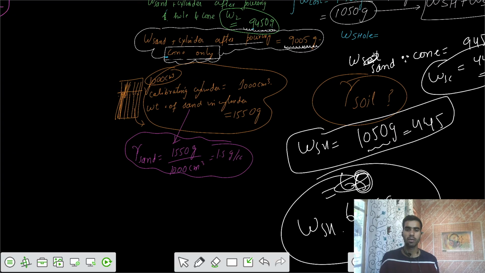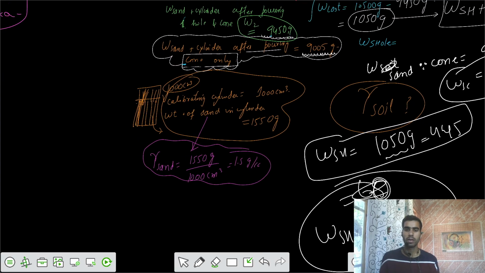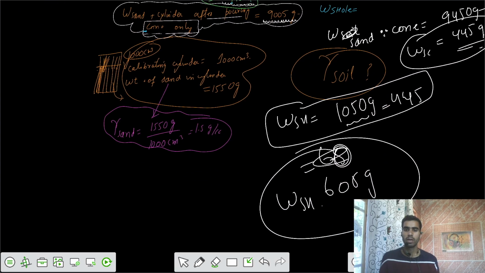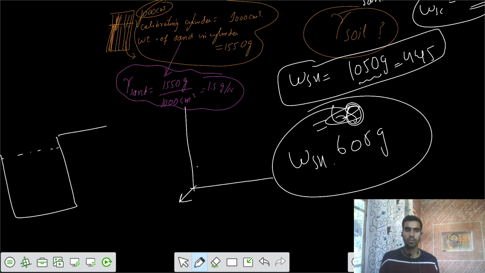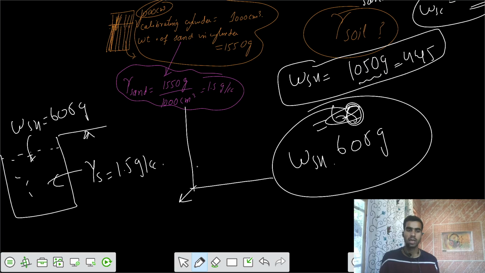From this data, we got that the weight of the sand in the hole is 605 grams. Now I want to say, what is the volume of the hole? If you are pouring a weight of sand in the hole equal to 605 grams, and it has a unit weight of gamma sand equal to 1.5 grams per cc, can you tell me what is the volume of the hole?